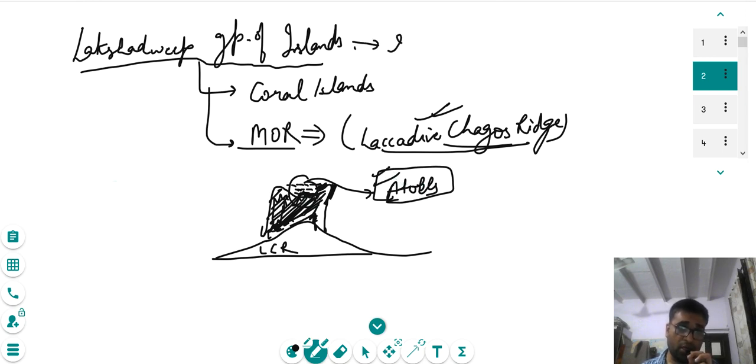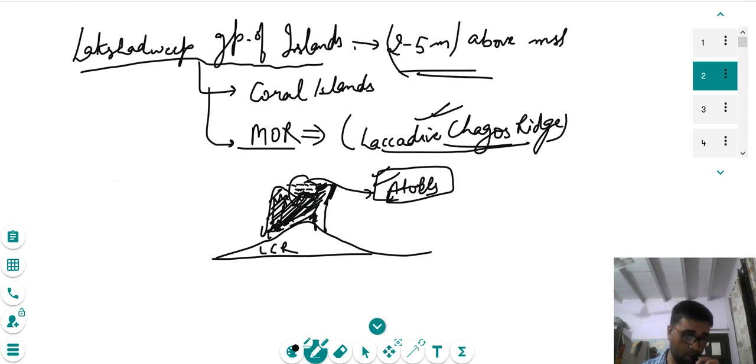Other features: the height is not more than 2 to 5 meters above mean sea level. The lithology, as we have told, is mostly limestone because of the coral nature. So this is the main geography of the Lakshadweep Islands, how they are formed and where they are situated.